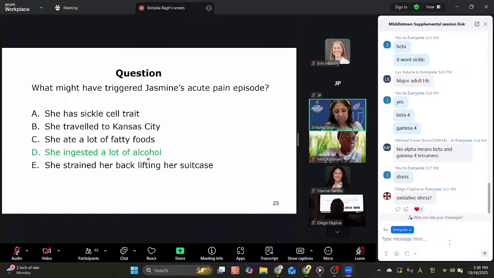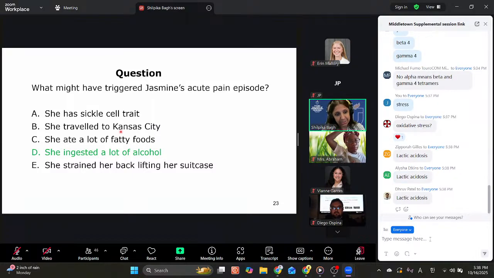She consumed alcohol. There was dehydration, increased viscosity. Alcohol can also lead to which kind of metabolic acid-base disorder? Lactic acidosis. Again, all that lactic acidosis, increased viscosity, infection, high temperature, hypothermia, going to high altitude, all of them will favor what form?